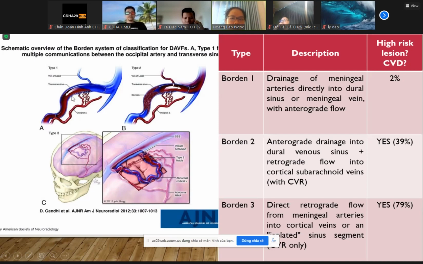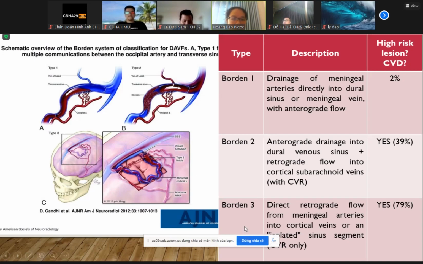Only 2% of patients in this group have aggressive lesions. For Borden type 2, there is antegrade drainage into the dural venous sinus and retrograde flow into cortical subarachnoid veins. Nearly 40% of patients in this group have symptoms of aggressive lesions.